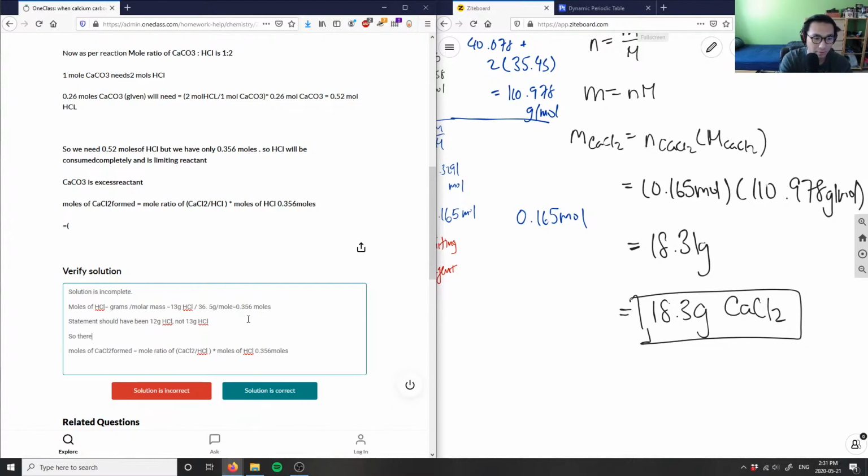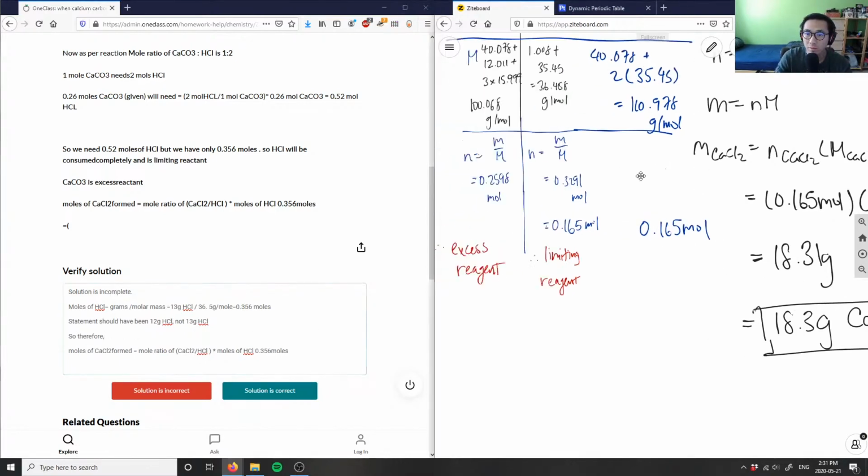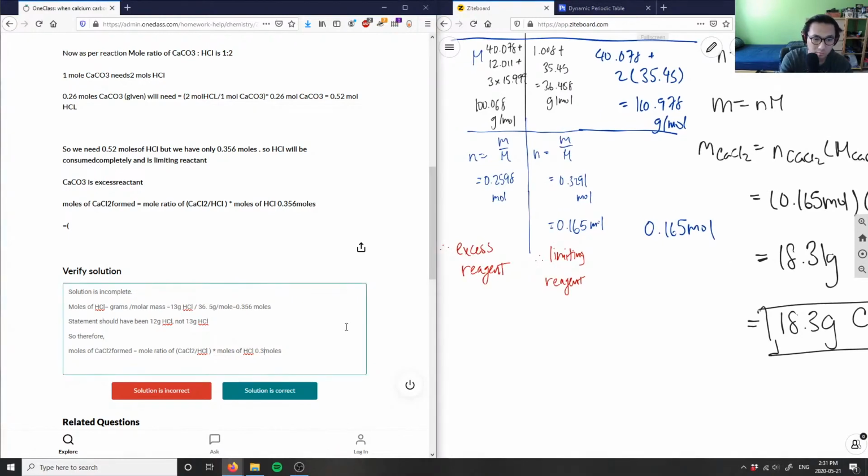So therefore, this would have been 0.3291 here, which would equal 0.165 moles of CaCl2.